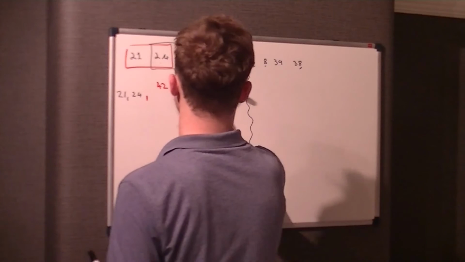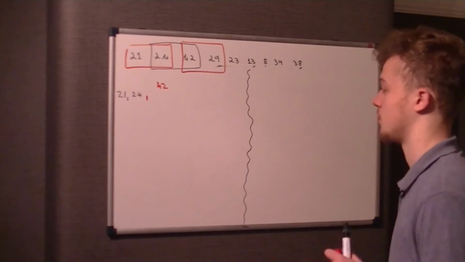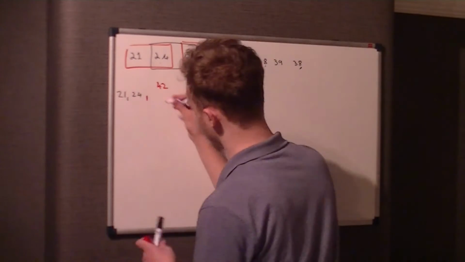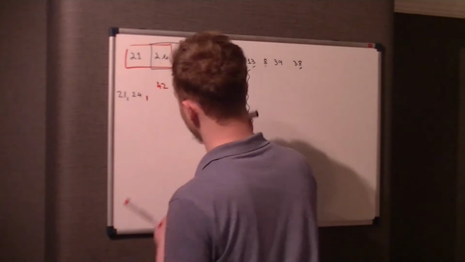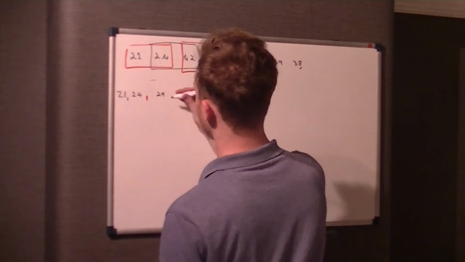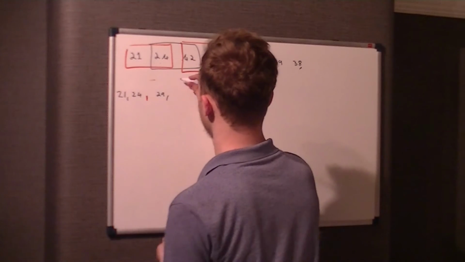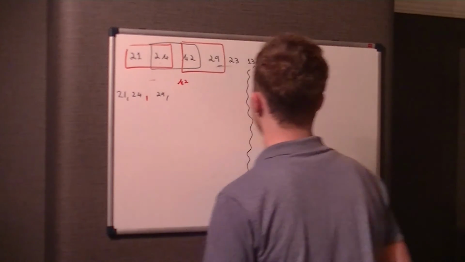But now we need to compare 42 and 29. Quite clearly 42 is bigger than 29, so we need to move the 29 to where 42 is, and we write 42 in the next one.